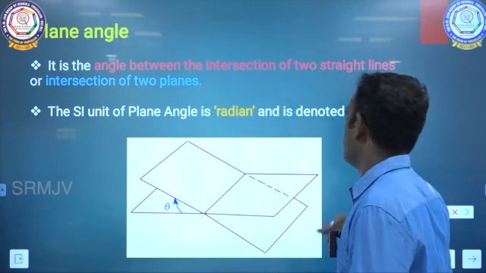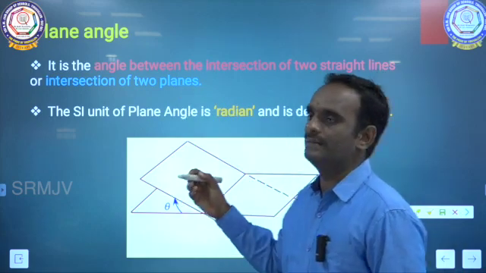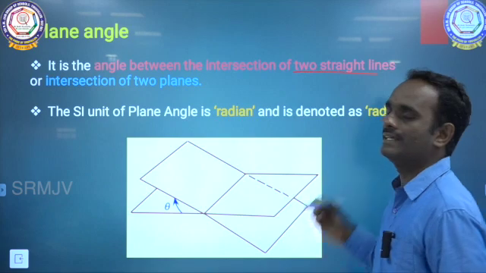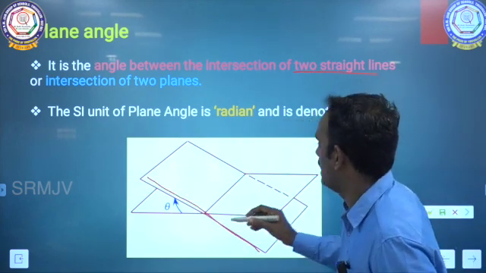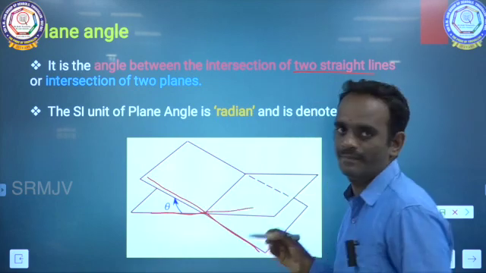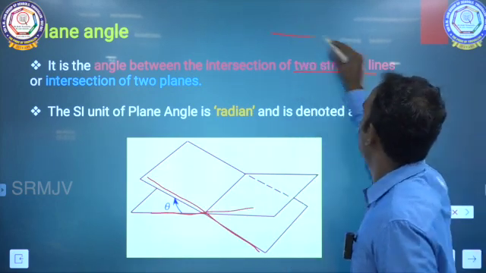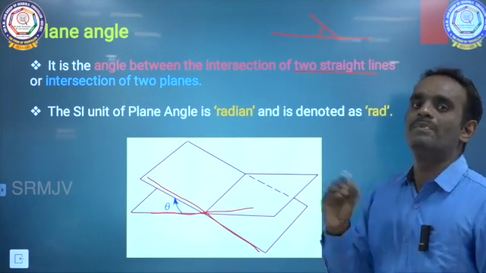Clear? See, plane angle. The plane angle is nothing but the angle between the intersection of two straight lines. See here, this is one straight line and this is another straight line. The angle between the intersection of two straight lines, this angle is called plane angle.